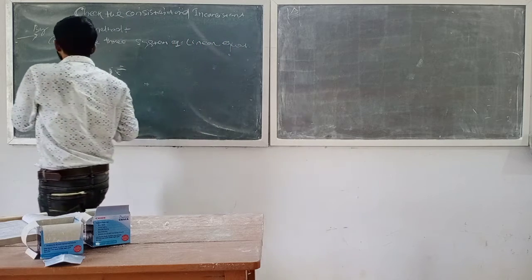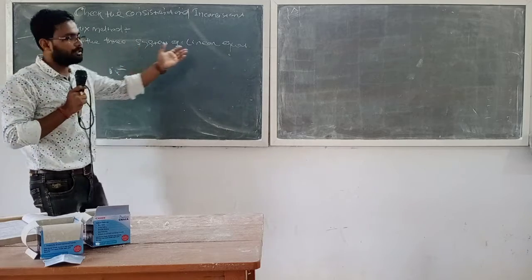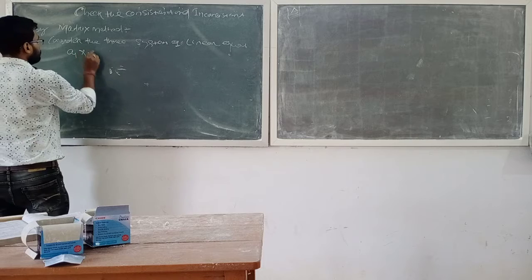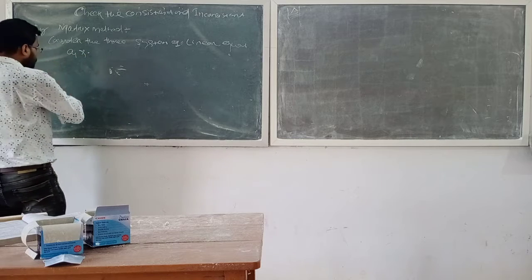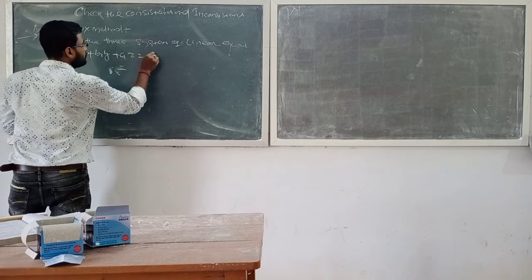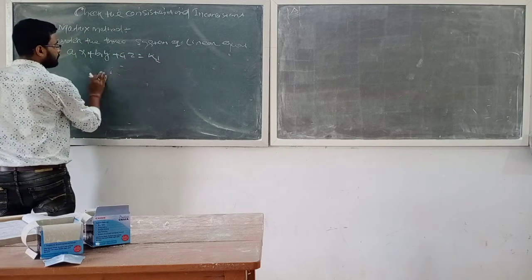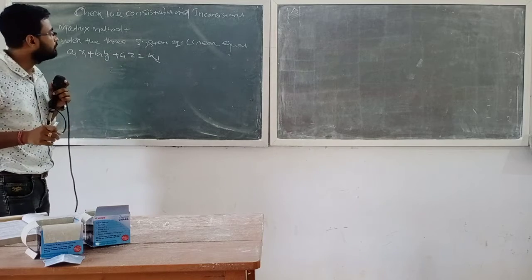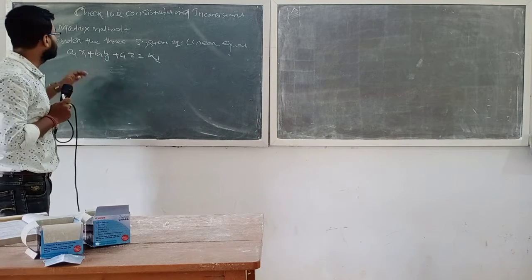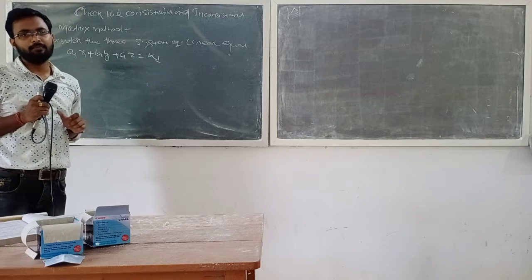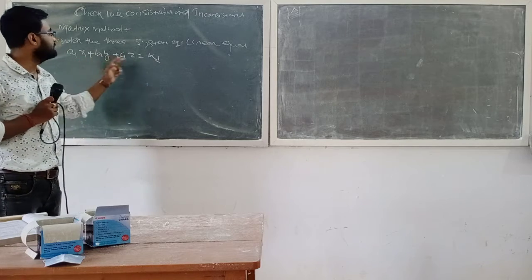Consider a system of three linear equations: a1x plus b1y plus c1z equal to k1. This is the system of linear equations of three variables x, y, z.